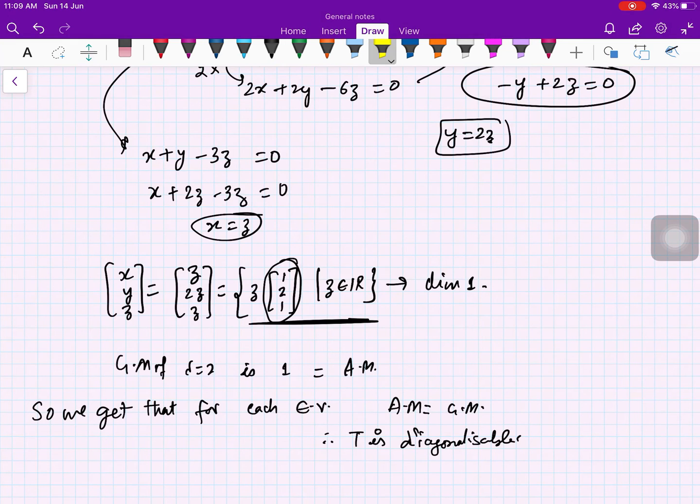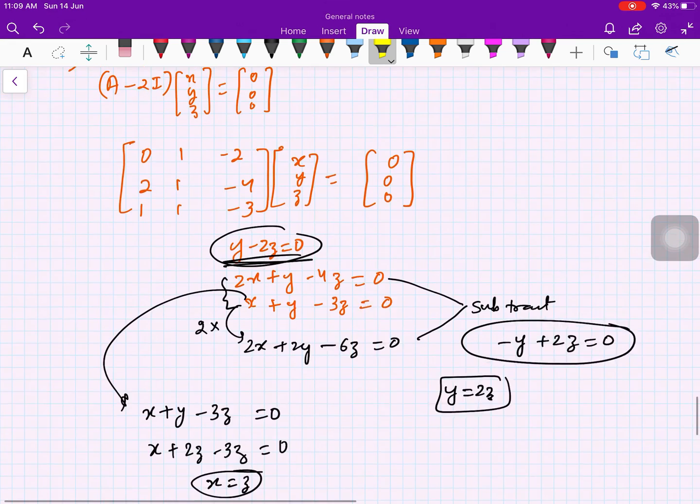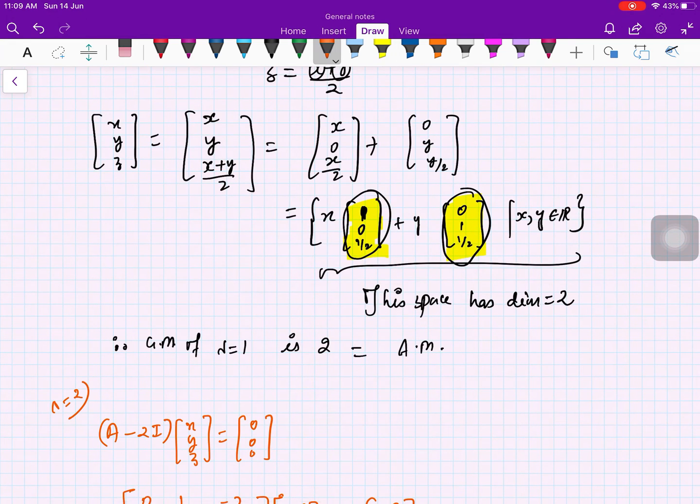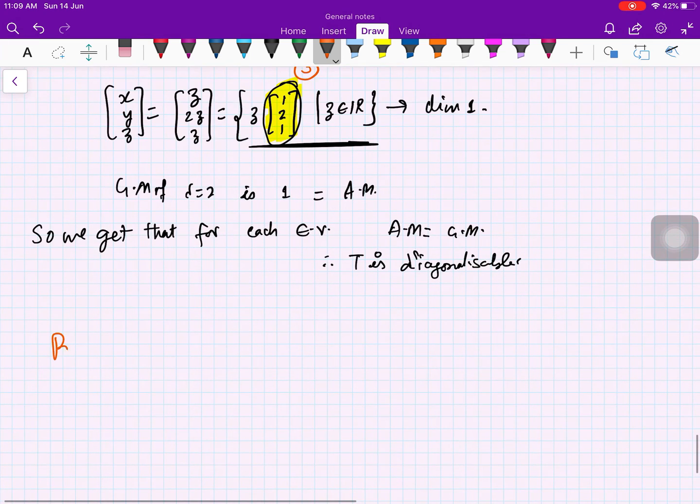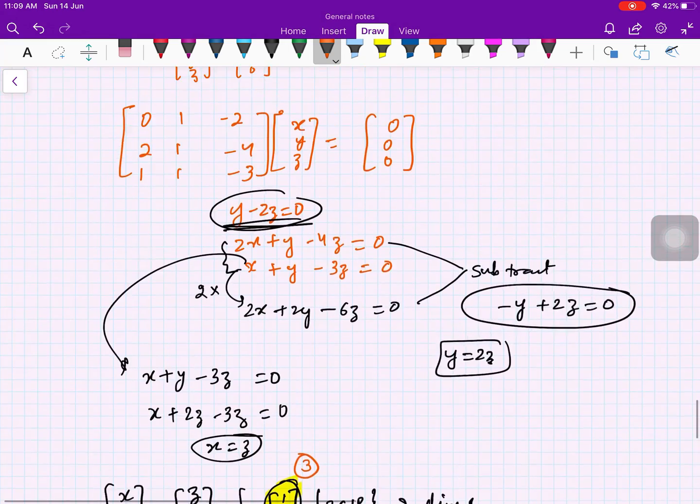Fine. Now let us find the basis with respect to which it has a diagonal representation. Now we know that you get 3 linearly independent eigenvectors, 1, 2 and 3. These form a basis.